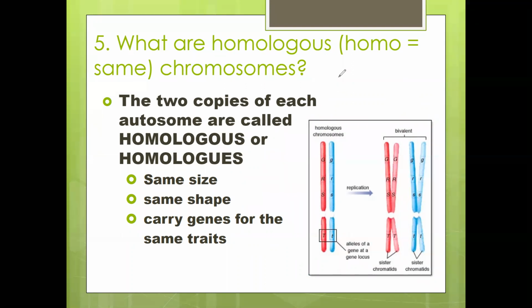Once again, referring back to chromosome 1, let's pretend that these are both the same size because I am terrible at drawing. The copy of chromosome 1 you got from mom maybe has a gene for eye color, and the chromosome 1 that you got from dad has that same gene for eye color in the same place.